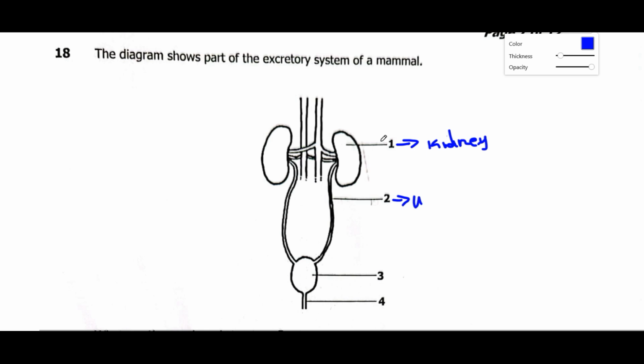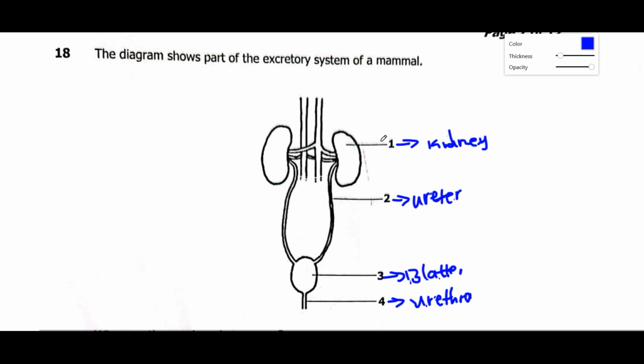Then 2 is the ureter. The ureter transports urine from the kidney to the bladder for temporary storage. Then 3 is the bladder. Then the one that excretes urine to the environment is the urethra.